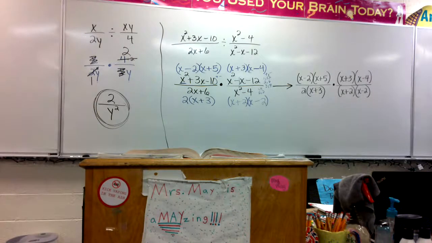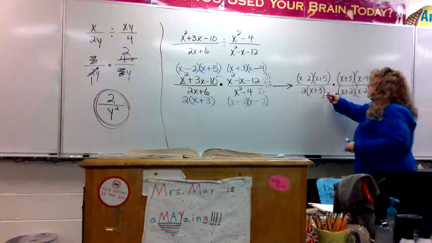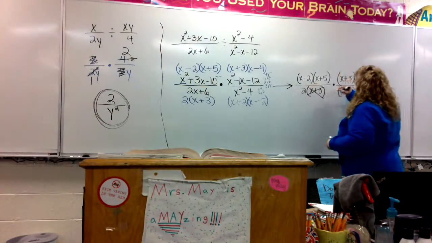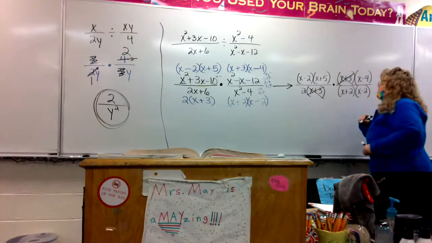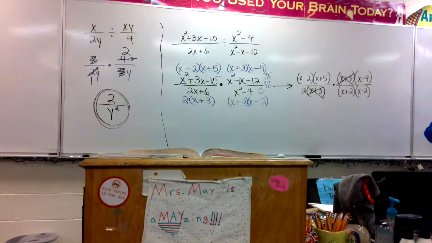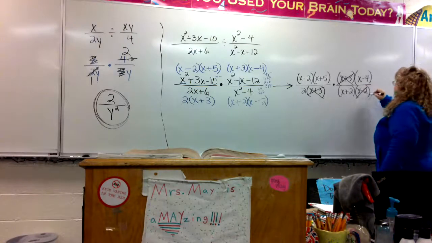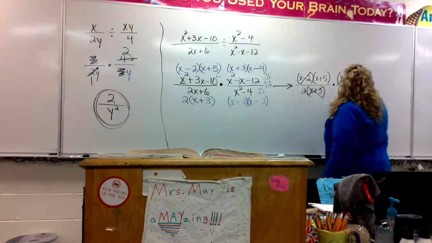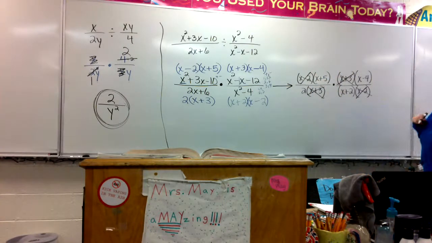So now what? Now it's the best part where you can cancel a top and a bottom. Here's an x plus 3, the whole thing. Anything else? x minus 2. This one. Anything else?